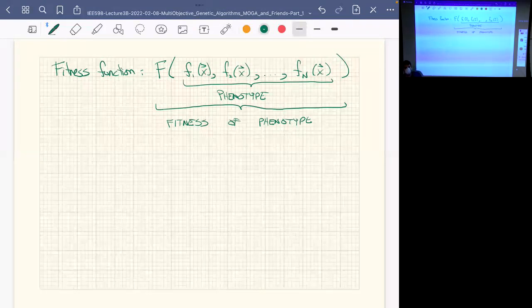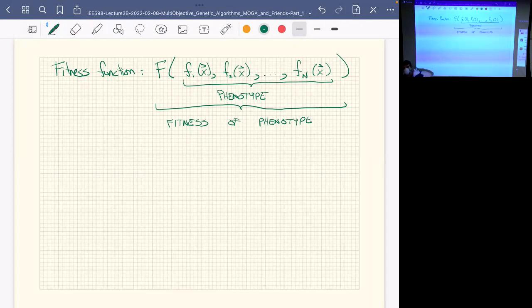But like I said, the difference between what we're doing now and the previous single objective optimization algorithms is we don't actually want to converge on one single strategy, on one phenotype. We want to give a population. So we would like the output of this thing to actually be a community.